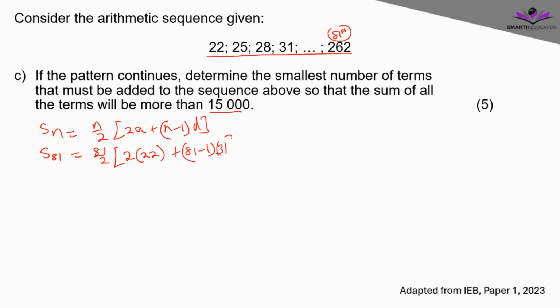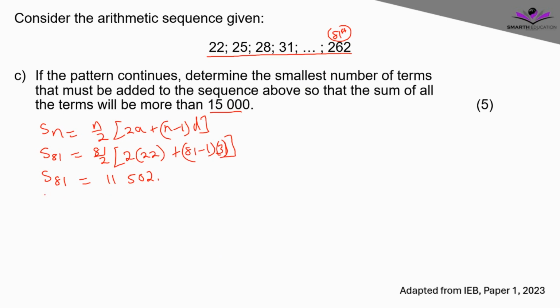Right, we can put this whole thing in the bracket, and then what we get, the sum of the first 81 terms is 11,502. Right, so how many terms must we add to these 81 terms to get just more than 15,000? So we need to get the difference between 15,000 and 11,502.